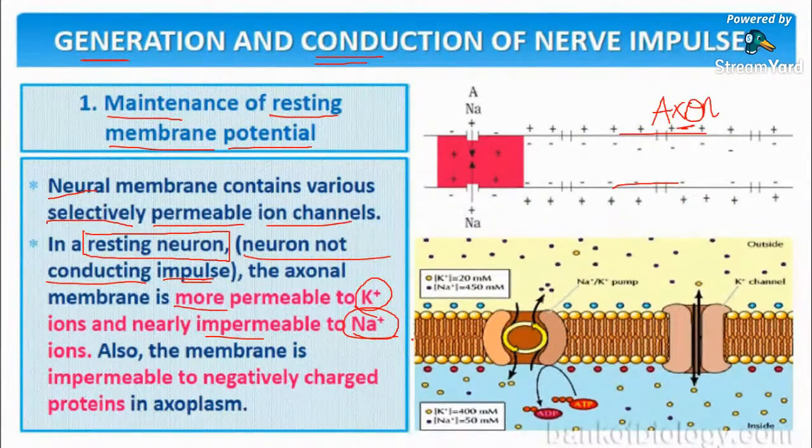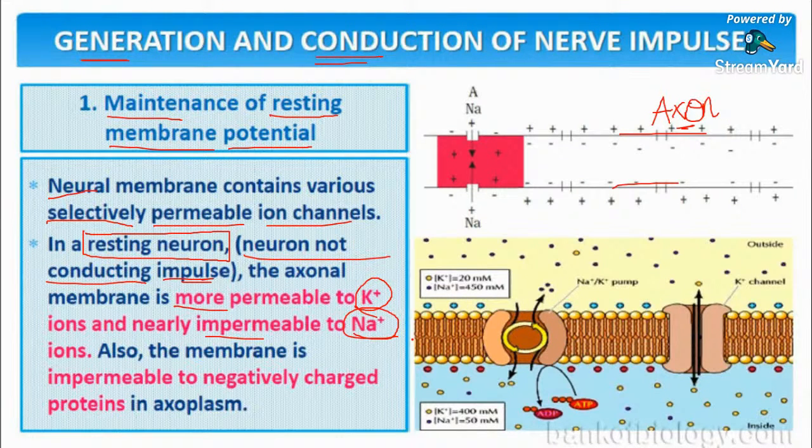In the resting neuron, when the neuron is not conducting any impulses, the axon membrane, the outer membrane of the axon, is permeable to potassium. The ion channels for potassium are open, whereas no sodium exchange is going to happen there. Clear?